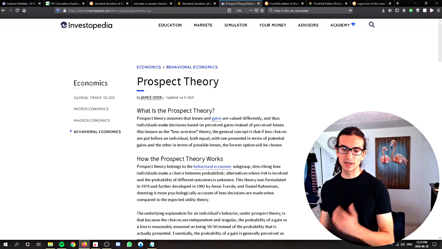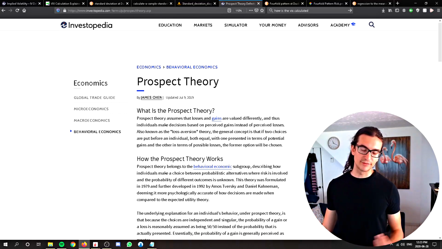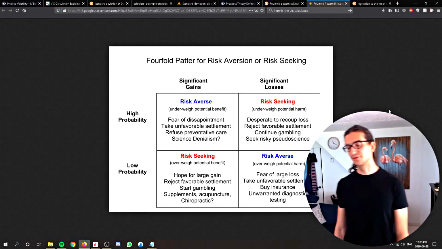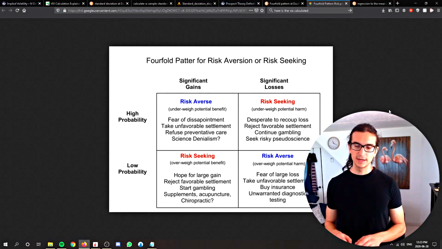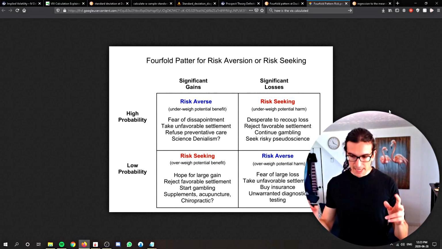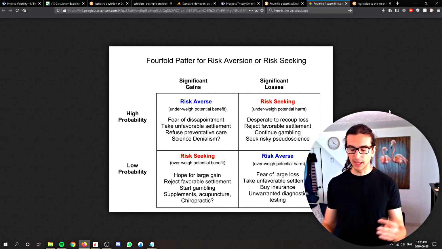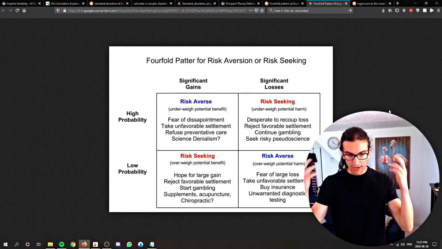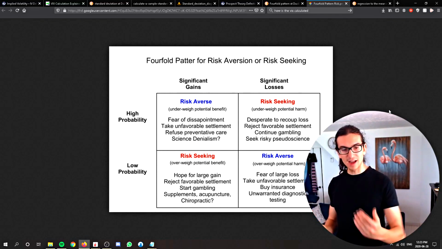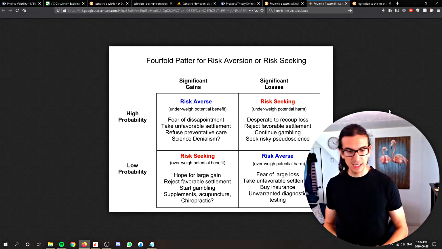And that's why prospect theory relates to implied volatility and standard deviation. This fourfold pattern right here gives a great guide for understanding what could be considered the mean for human decision making, when we will generally prefer to be risk averse or risk seeking.